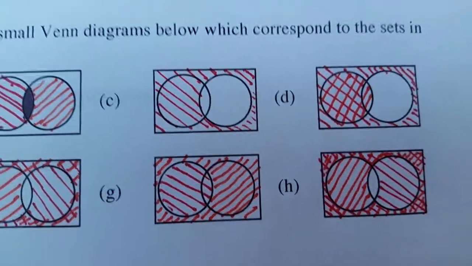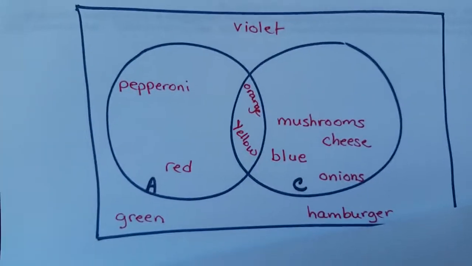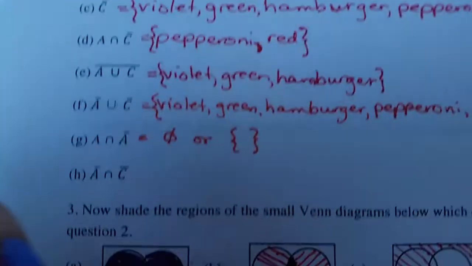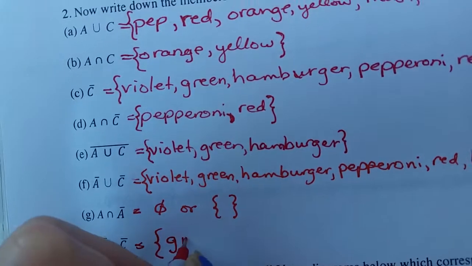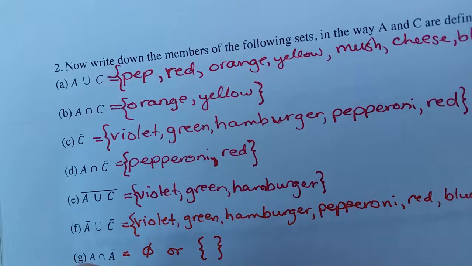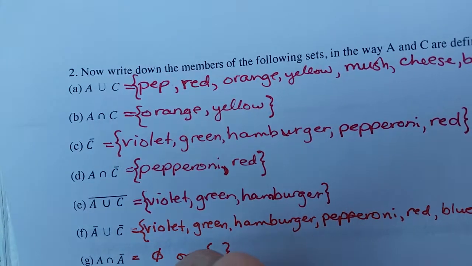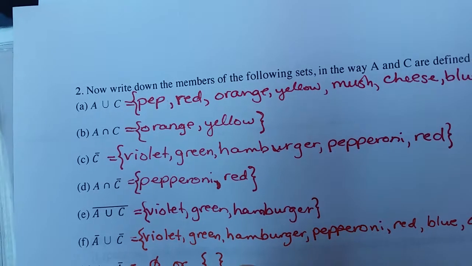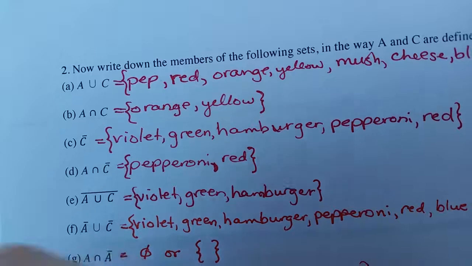So it's all the things that are outside both circles, which would be violet, green, and hamburger. So the set will contain green, violet, hamburger. Does it matter what order I write them in? Nope. Not at all. There's that.